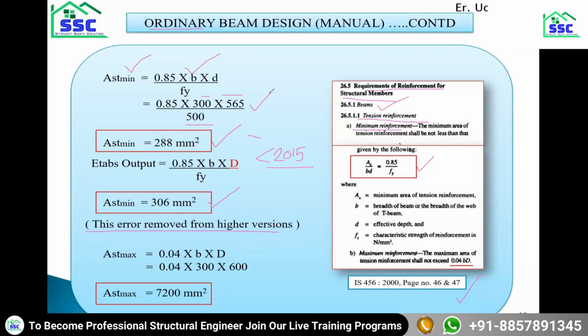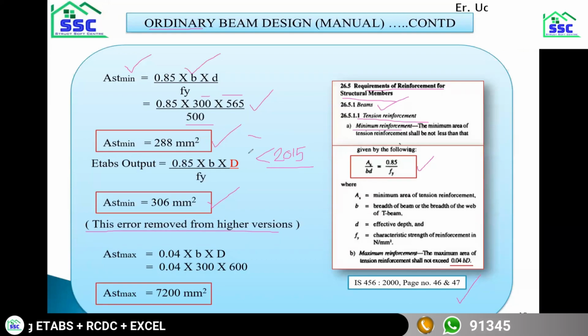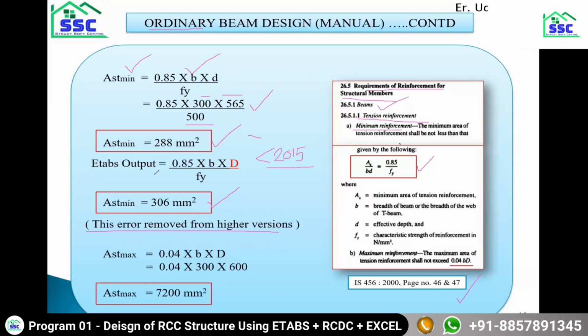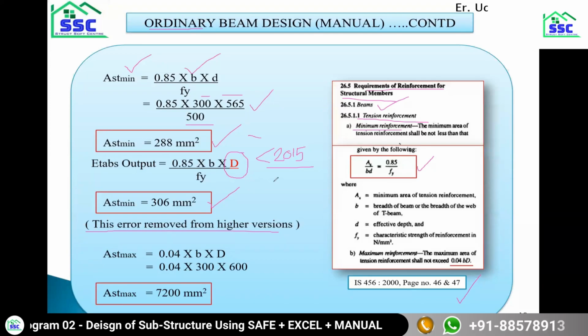The reason is that in the earlier versions of Etabs, for this formula, it mistakenly takes the overall depth D in the calculation of AST minimum. Even in my Etabs design results, the AST minimum value is taken as 306 and not 288, which is actually wrong.